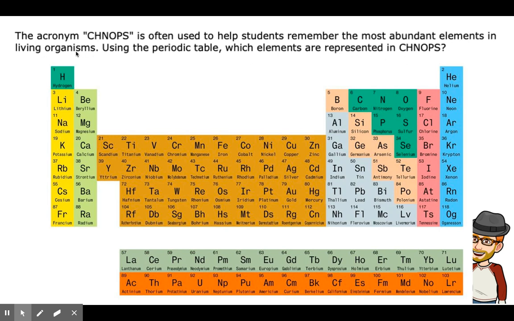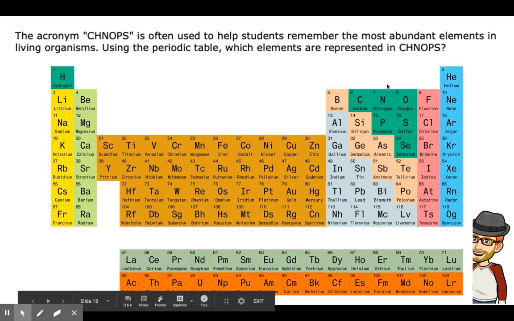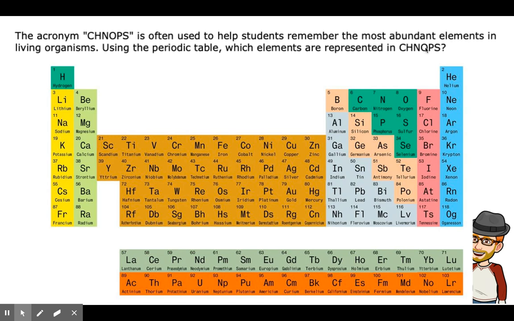All right, the acronym CHNOPS is often used to help students remember the most abundant elements in living organisms. Using the periodic table, which elements are represented in CHNOPS? So we're looking for C, carbon, H, hydrogen, N, and of course you might have to look around a little bit, but it's nitrogen.